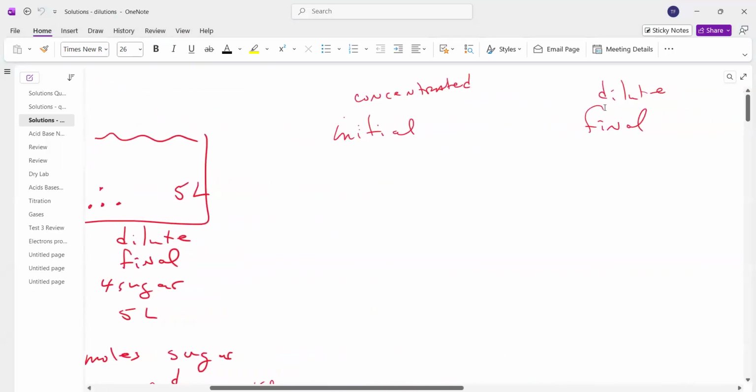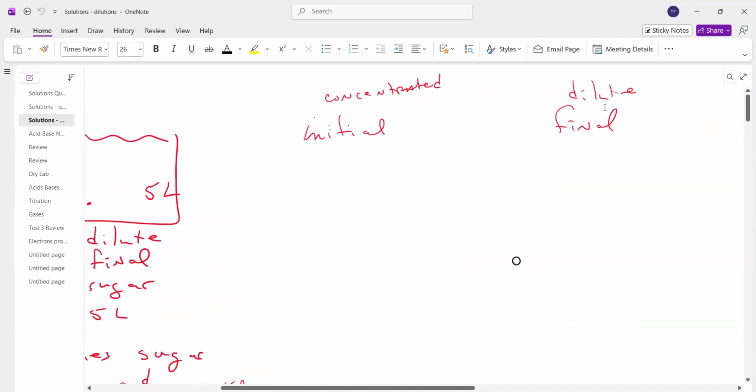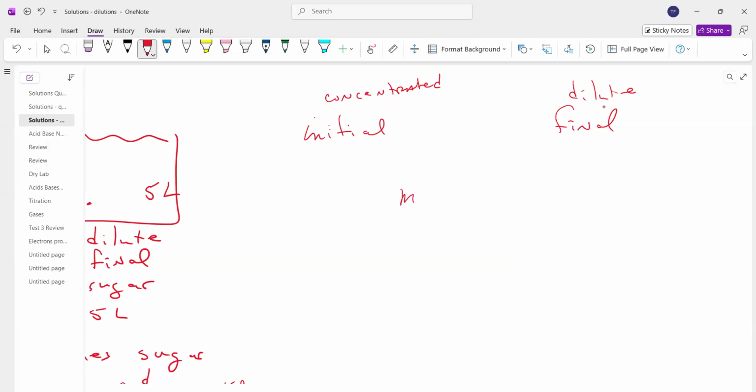Now, there is something in dilution solutions, an equation you need to put to memory, needs to be sizzled onto your brain. And that is, if we have moles per liter, in other words, we have concentration, and we multiply that by volume, what do we end up with?